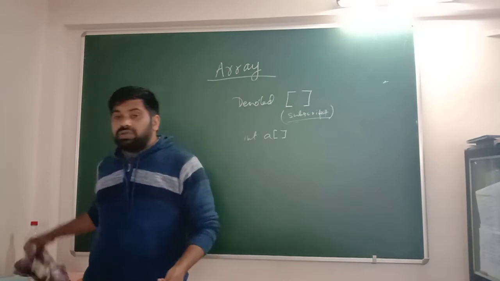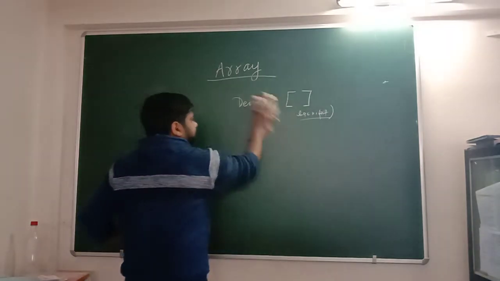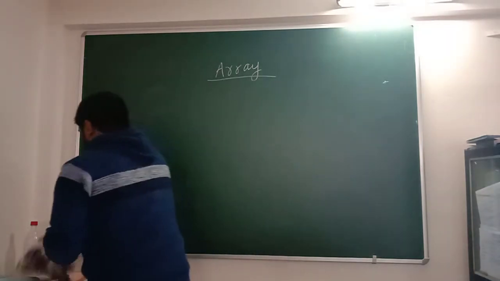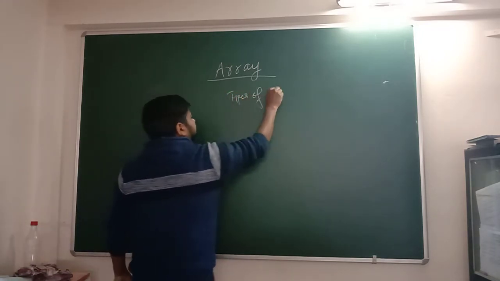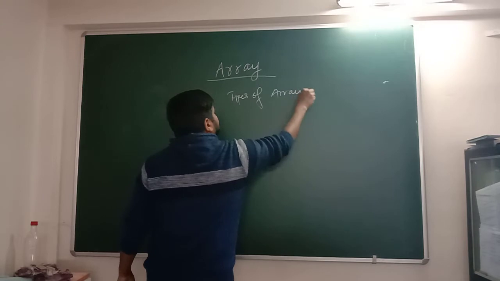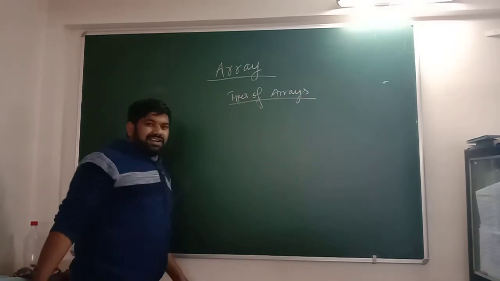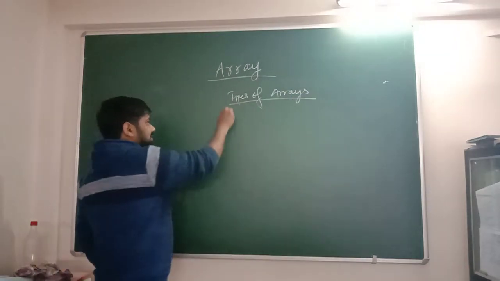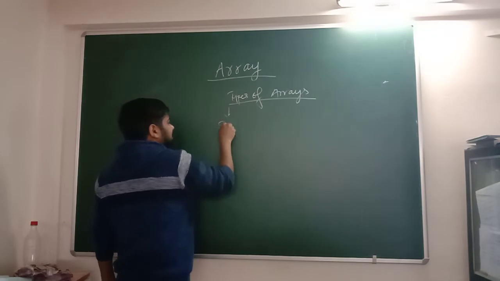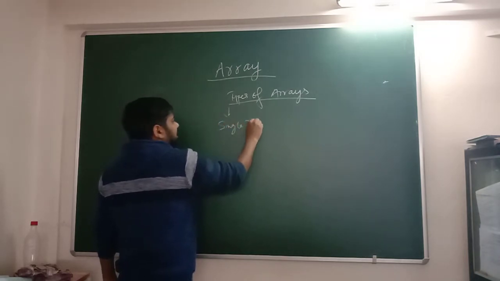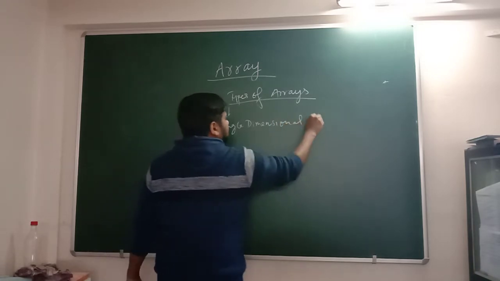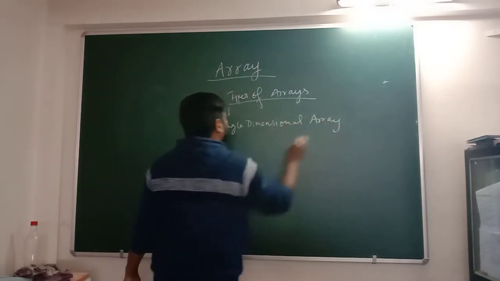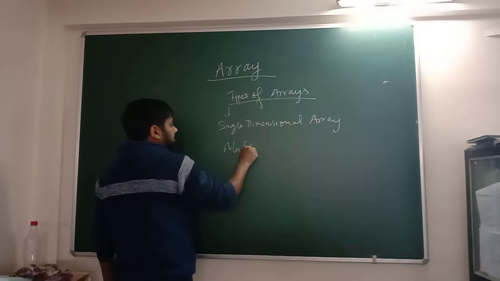So let's move on to the types of arrays now. There are two different types of arrays. One is the single dimensional array, and the other is the multi-dimensional array.